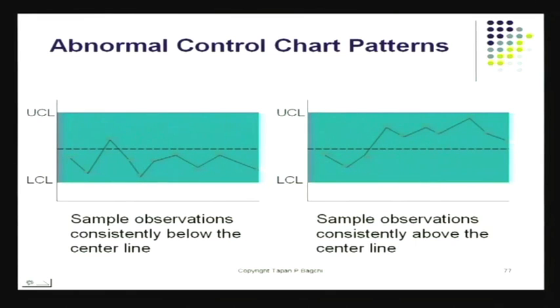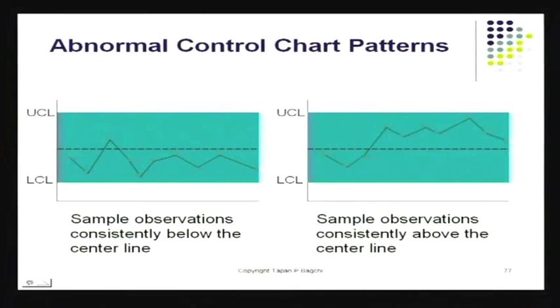Stop the process because it may be too late if you wait for a real point to go beyond the control limit. You might have produced a lot of useless production. You may have produced a lot of widgets that have no real use. They are not going to fit properly because the pattern has already shown that there are some unusual variations.